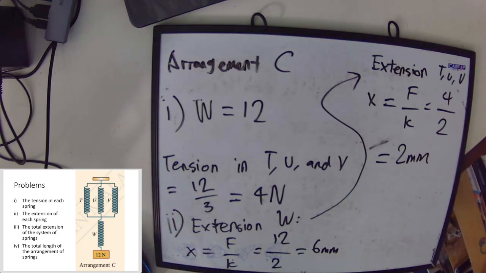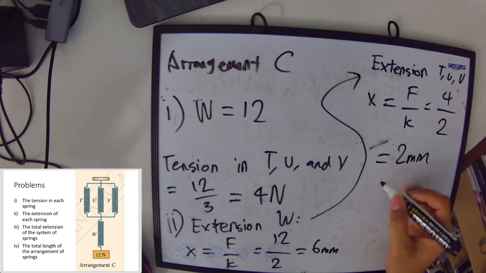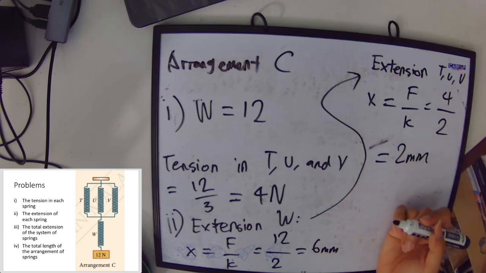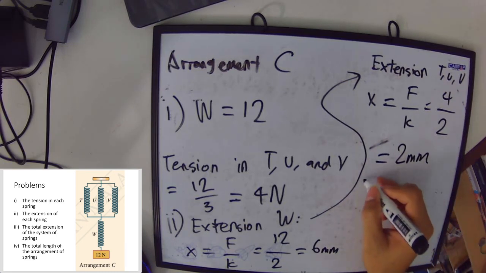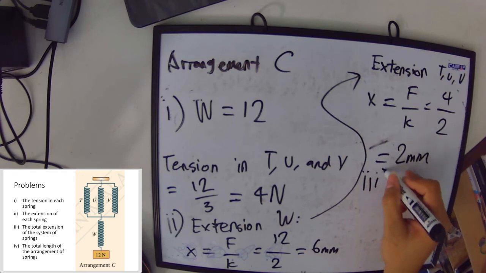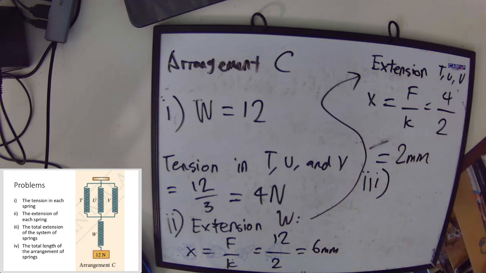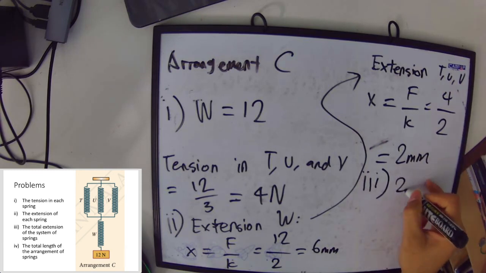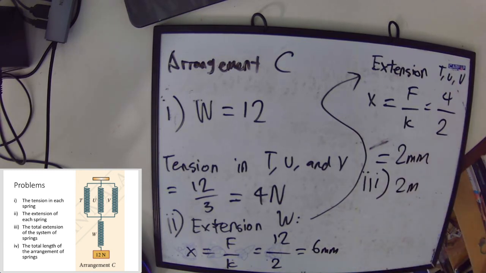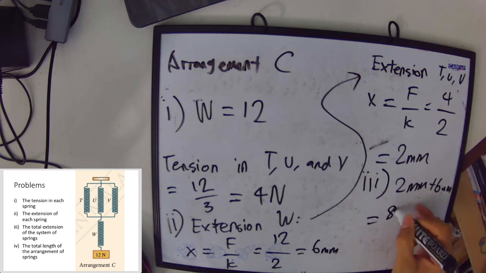Now the total length of the arrangement of the springs, which is the total extension. Let's do total extension first. The first section will extend by 2 millimeters. The second section will extend by 6 millimeters. So you get a total of 8 millimeters of extension.